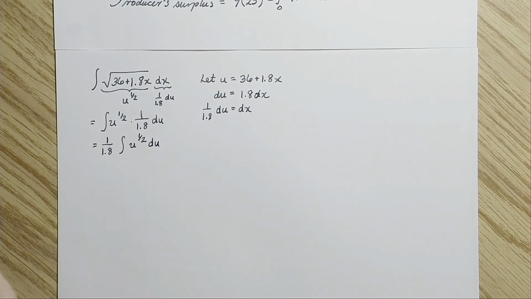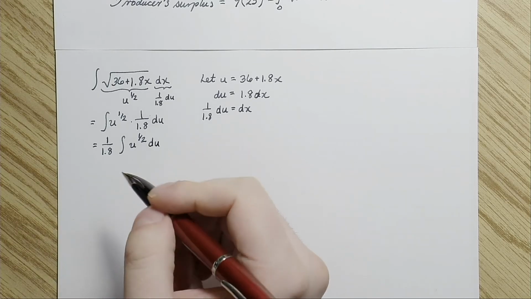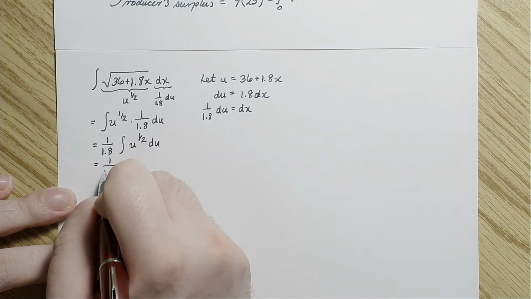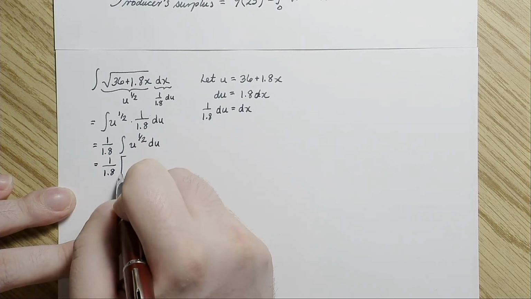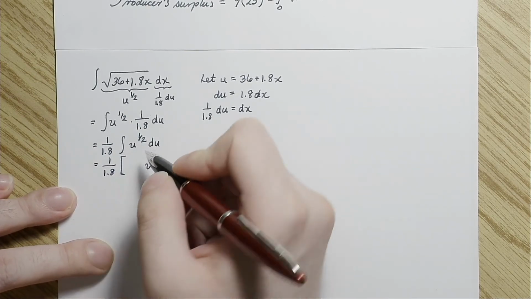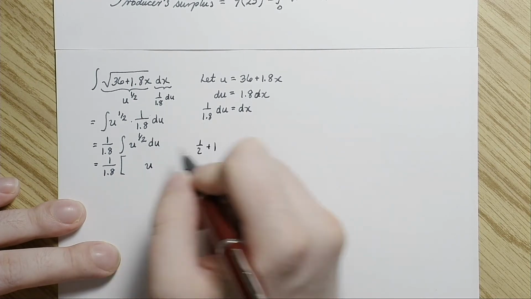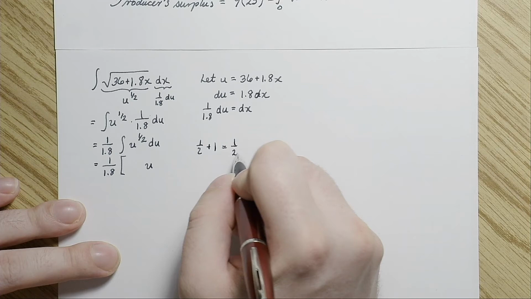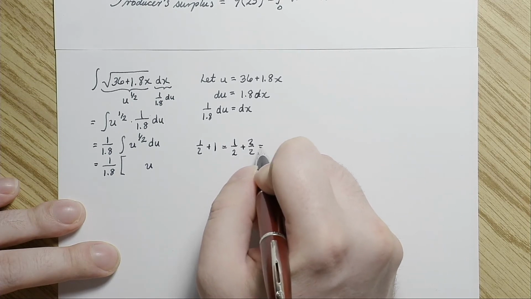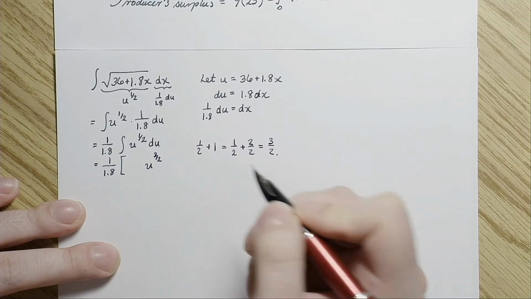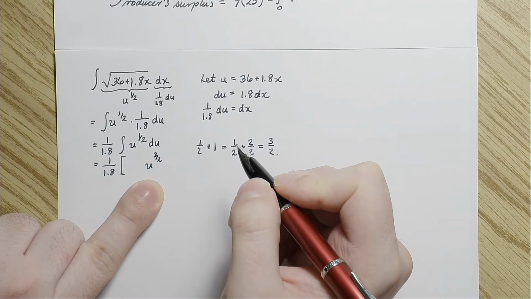And then I'll integrate this. So again, 1/2 needs to go up by 1, so that is equal to 3/2. That's what it is in the exponent.